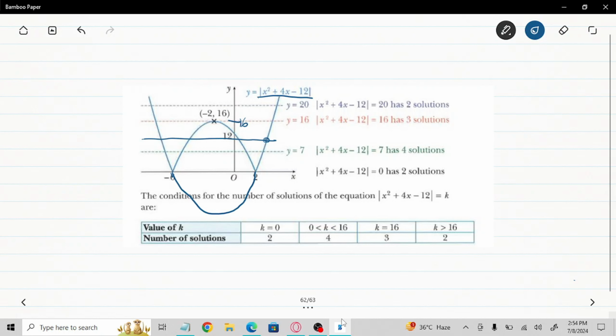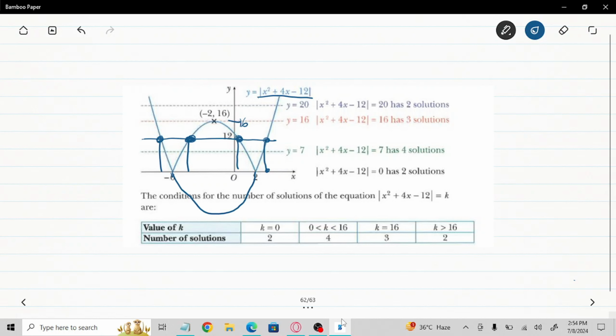We are going to get 4 intersections, meaning we get 4 solutions, and that would consequently mean that we would have 4 x values. We would have some x value here, here, here, and one here. There are 4 x values.